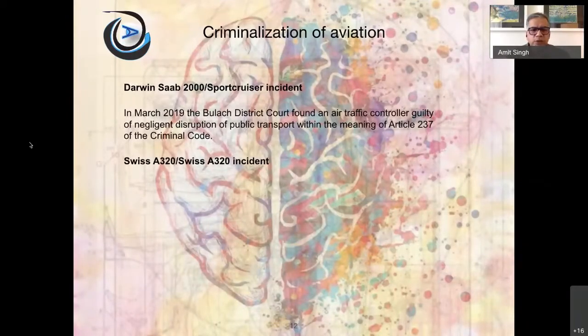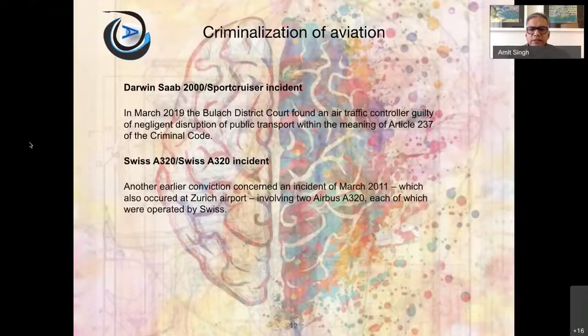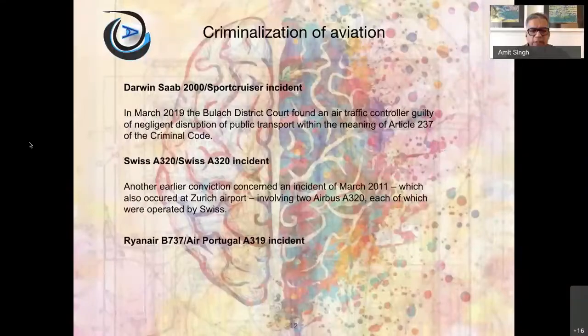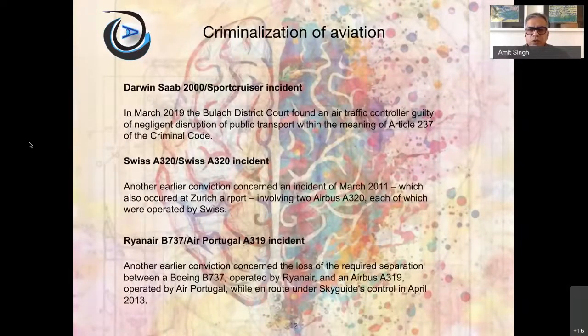The second, a Swiss 20 incident, 2 aircraft on different runways taking off. One rejected takeoff, the other one continued to the destination, but the ATC officer again was prosecuted. Third is the Ryanair 737 and Air Portugal 319 incident, again a close call, and who was put behind bars? The ATC officer.